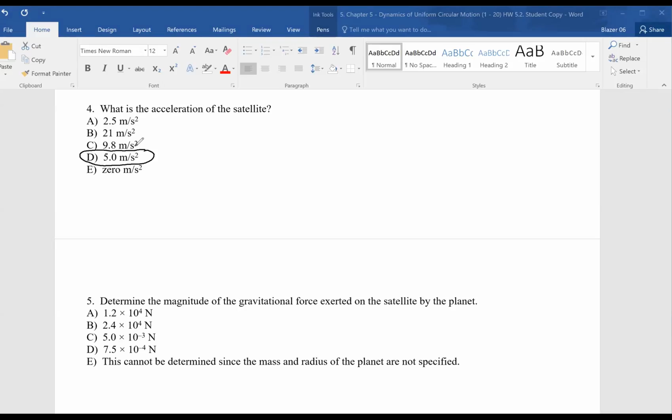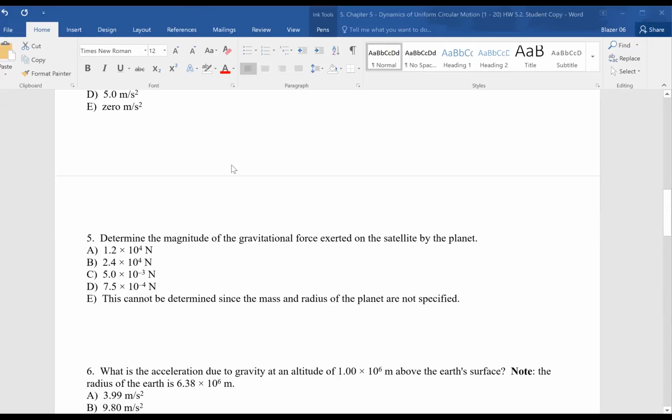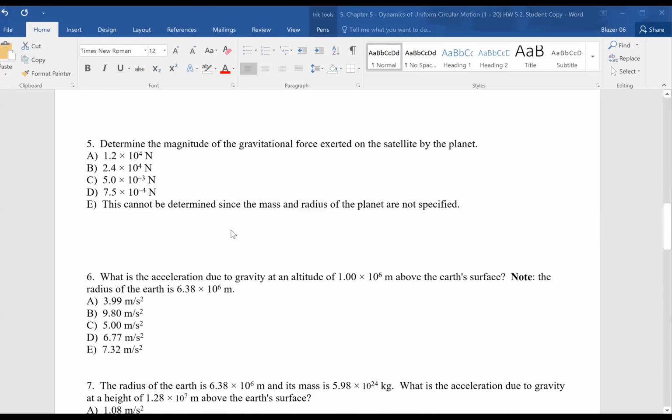Okay, so it says determine the magnitude of the gravitational force exerted on the satellite by the planet. Okay, so let me move up a little bit. Okay, we're on number 5 now. So number 5 says determine the magnitude of the gravitational force exerted on the satellite by the planet.